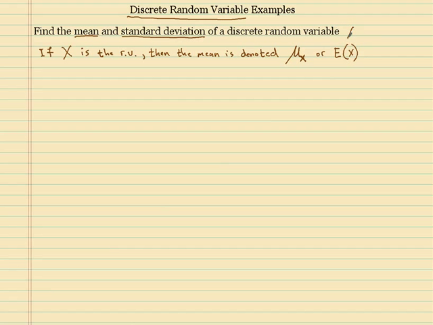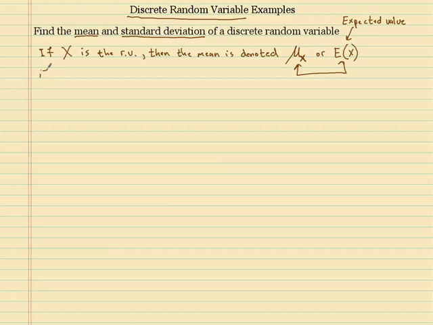Or they like using words: E of X means the expected value. I'm going to do it either way. You have to realize that these two mean the same thing. It's the mean of all these x's.